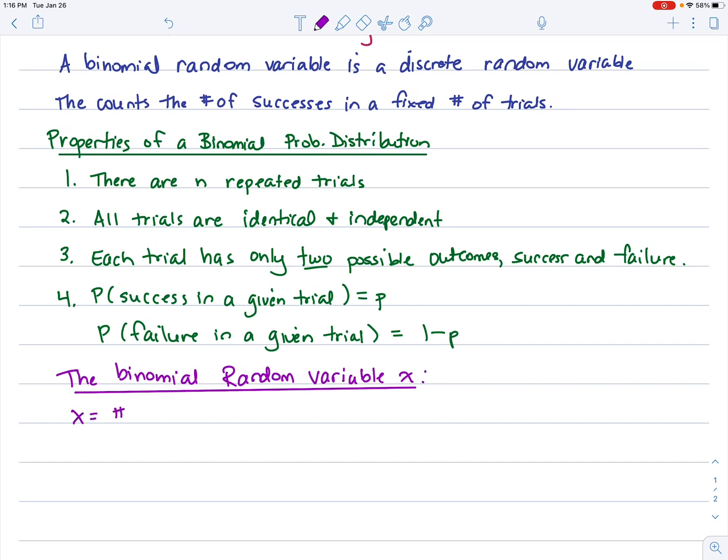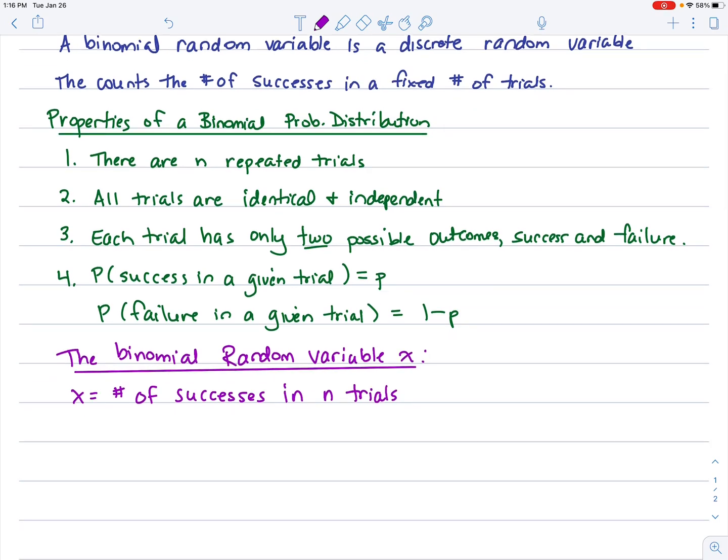So X will be the number of successes in N trials. Okay, so it could be 0, 1, 2, all the way up to N. So if there's 8 trials, you could have 0 through 8 successes. The probability of K successes, however many that is, in N trials.